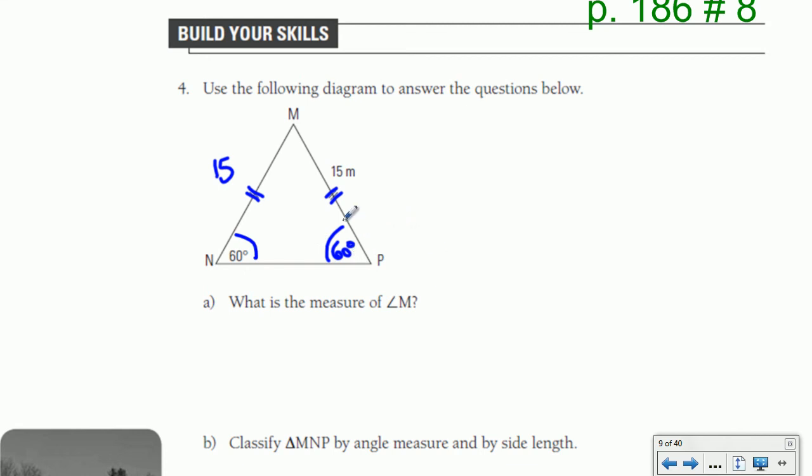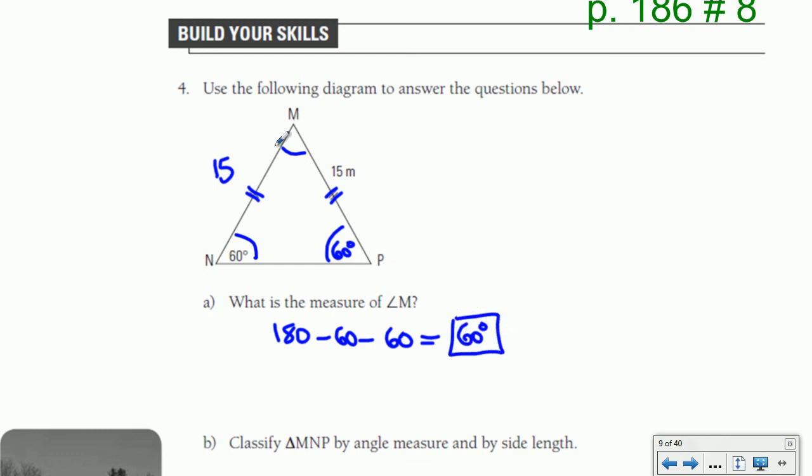Okay, and then knowing that the sum of all the angles in a triangle add to 180, what we can do is subtract these two from 180 to figure out what angle M should be. So basically 180 minus 120, that's 60.